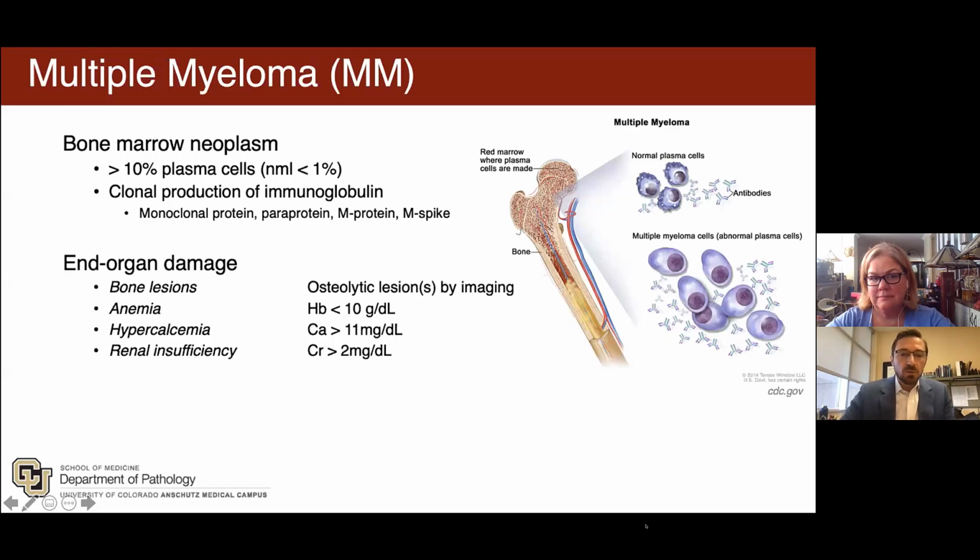For those of you who haven't been exposed to multiple myeloma, this is one of the most common hematopoietic cancers. It's a neoplasm of the bone marrow, and traditionally the definition is greater than 10% plasma cells in the bone marrow. What are plasma cells? B cells, which are your antibody-producing cells in the immune system, go on to differentiate into mature plasma cells.